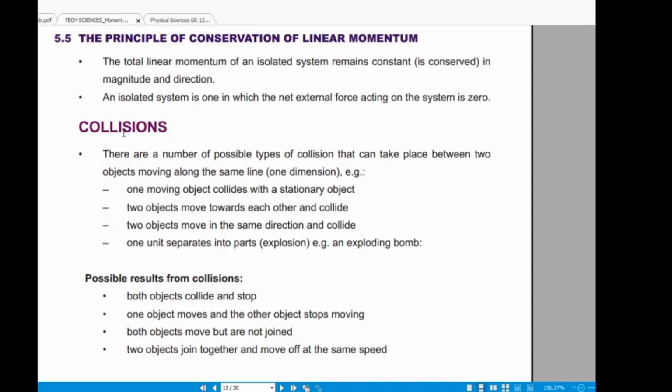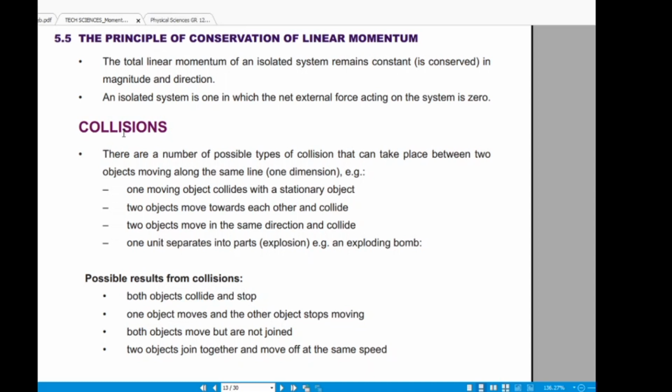The total linear momentum of an isolated system remains constant in magnitude and direction, right? An isolated system or a closed system is a system in which the net external force acting on the system is zero.